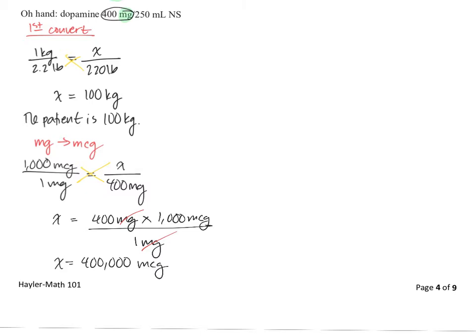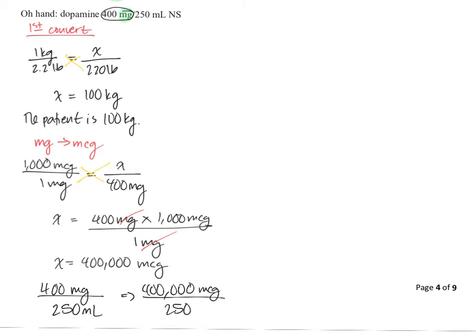So because there was 400 milligrams per 250 milliliters, we know therefore that we have 400,000 micrograms in 250 milliliters.